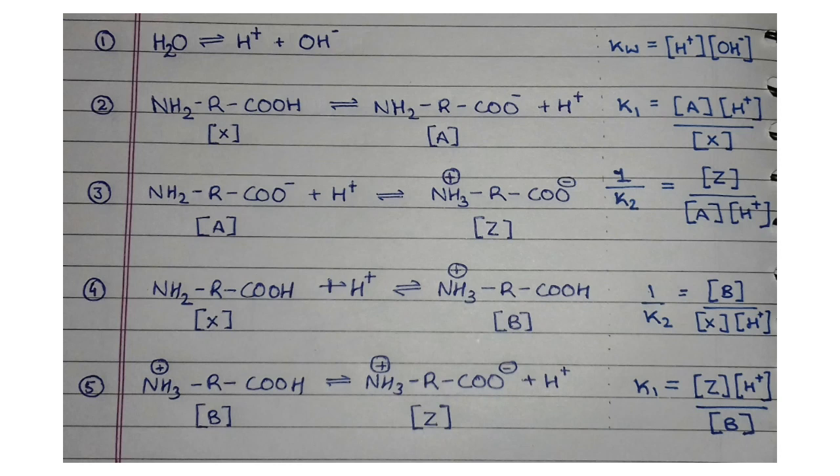I have written all the reactions which are proceeding in the solution with the expressions of the equilibrium constants. You can carefully take notice of reactions 2, 3, 4 and 5.